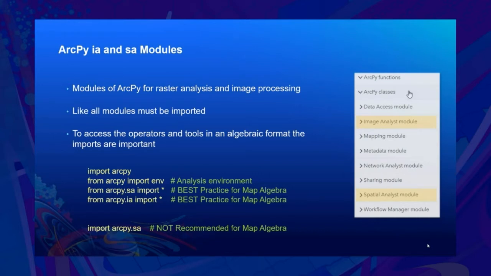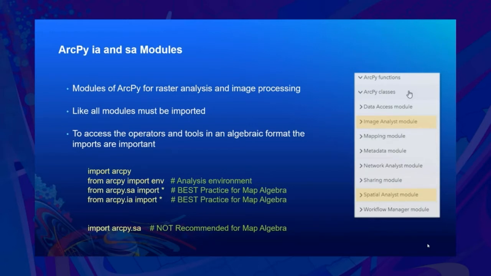Like all modules, it must be imported. Now, how you import makes a difference when you are trying to do map algebra expression or operation, writing a map algebraic expression. You can first import ArcPy, and to import your analytical environment, you can do from arcpy import env.